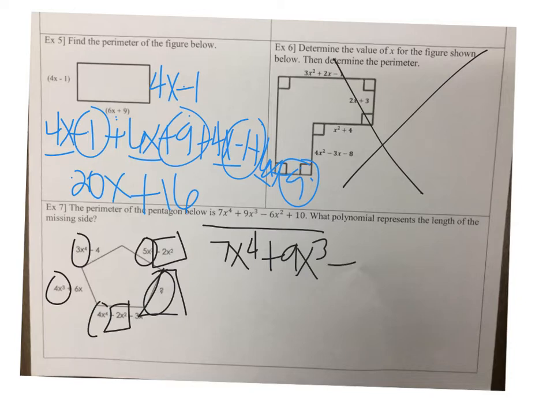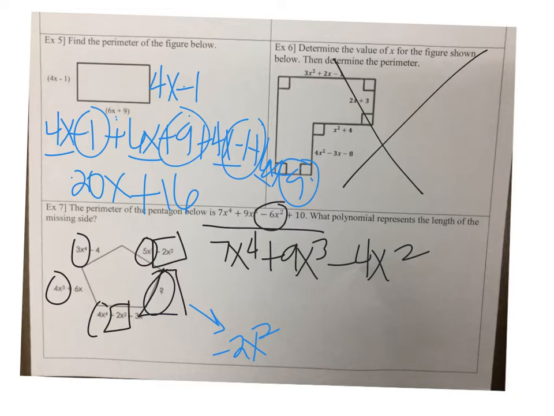Right now I'm at negative 4x squared. But I'm supposed to have negative 6. So that tells me that I need, for this side, to have another negative 2x squared. All right. And lastly, I have a positive 10 that I need to have.